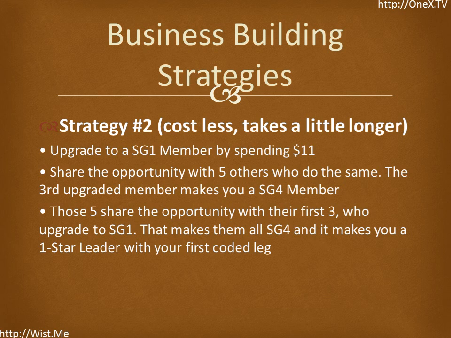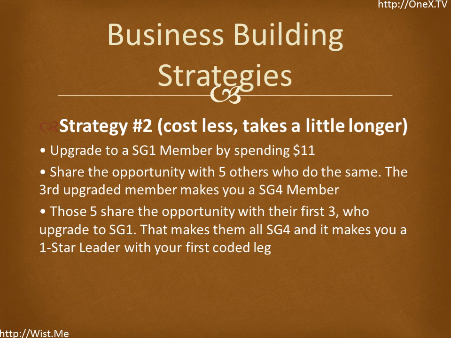So now, what do you have to do to make money? The fastest and easiest way, what I would suggest, is upgrade to Stargate 4. Pay $44 and upgrade to Stargate 4. Then ask 5 members to also upgrade to Stargate 4.